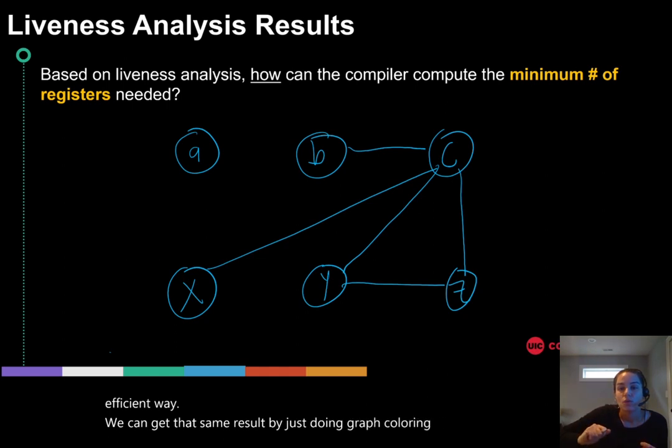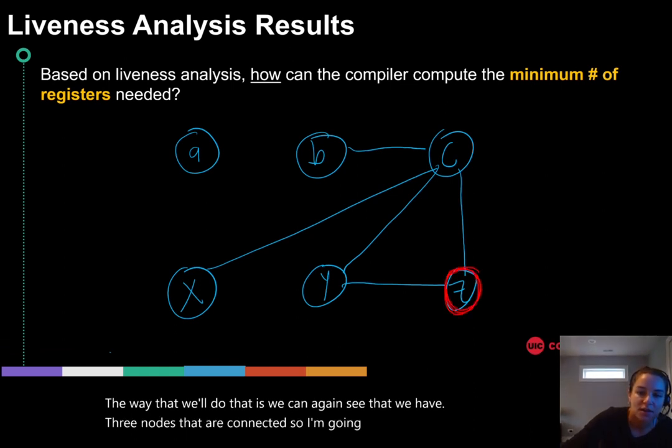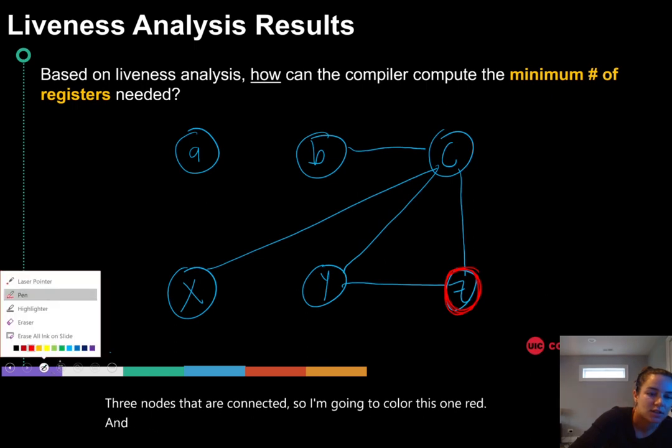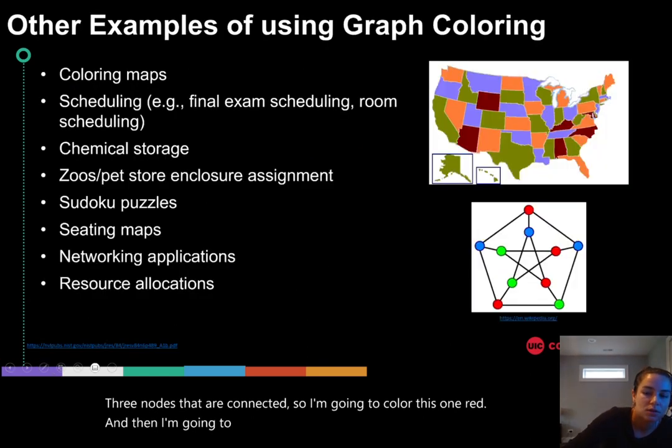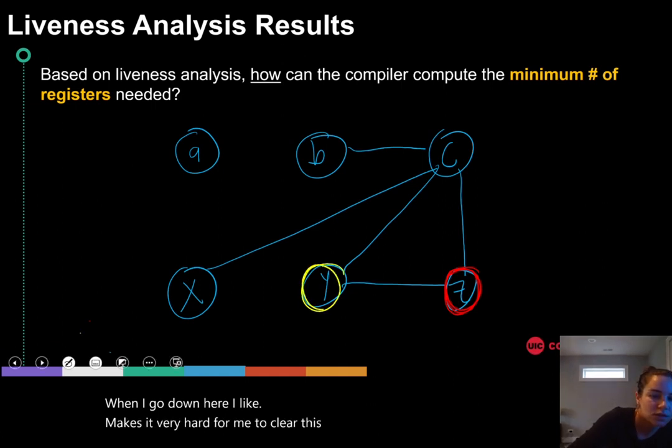So the way that we'll do that is we can again see that we have 3 nodes that are connected. So I'm going to color this one red, and then I'm going to color this one purple, and I'm going to color this one yellow, and then I'm going to color this one green.